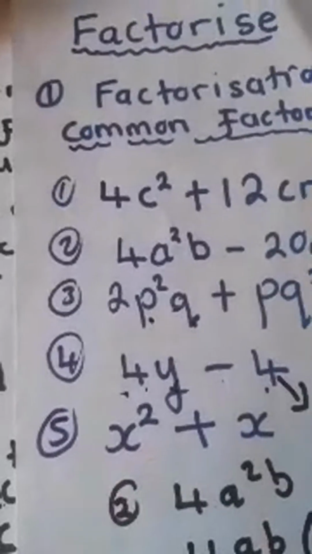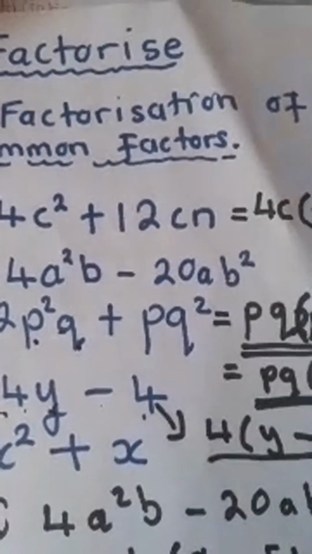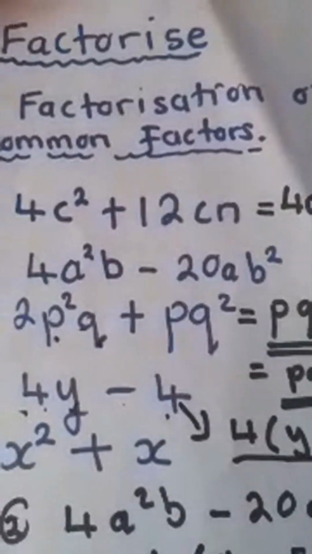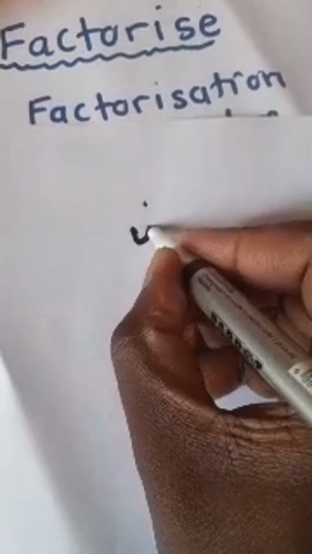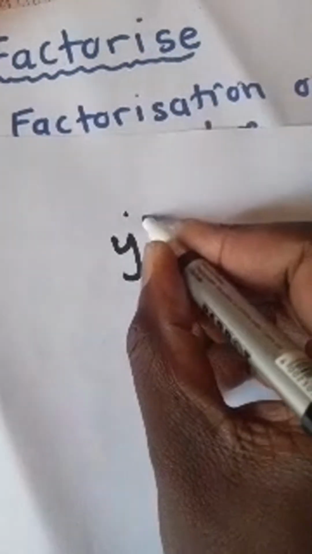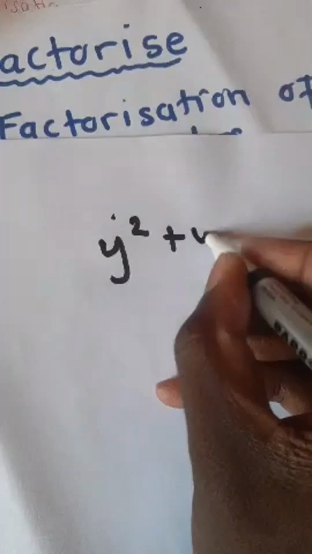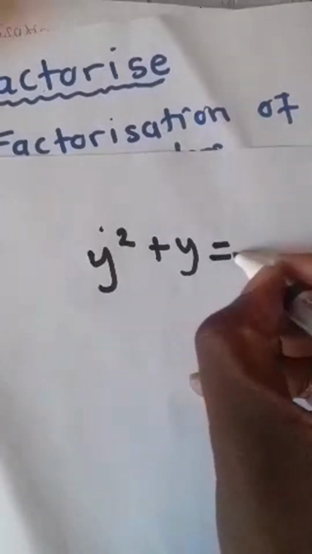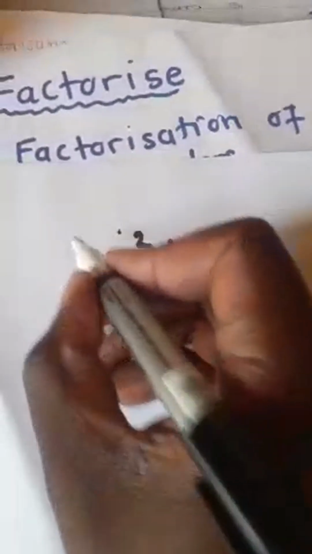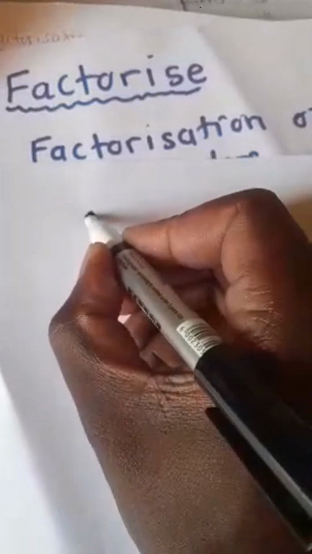So we have some equations here under factorization of common factors. For example, suppose we are given y squared plus y is equals to 0. Then they say solve the equation.